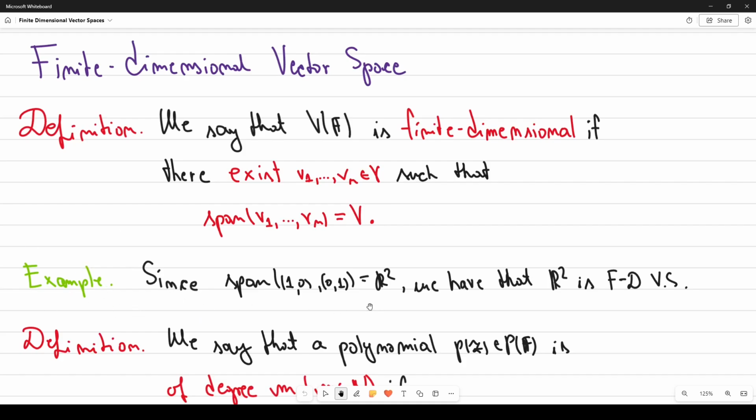As previously shown, any vector in R squared belongs to the span of these two vectors. Well, that means that the span of those two vectors is equal to R squared. So we have that R squared is a finite dimensional vector space.